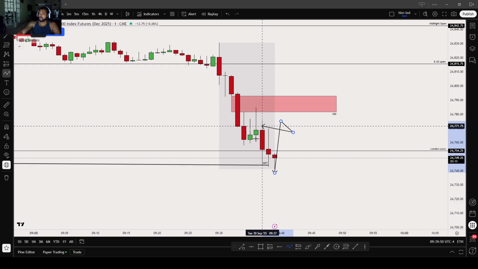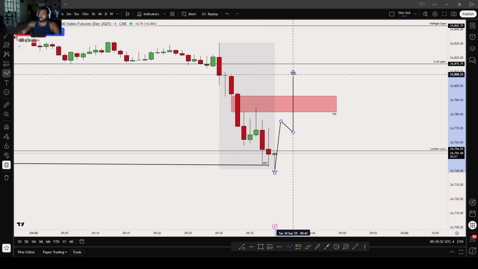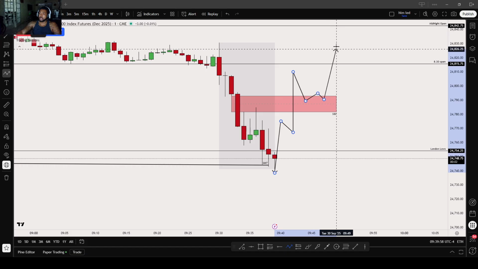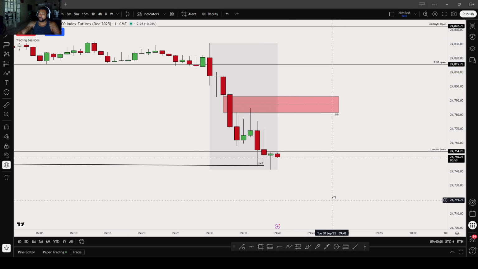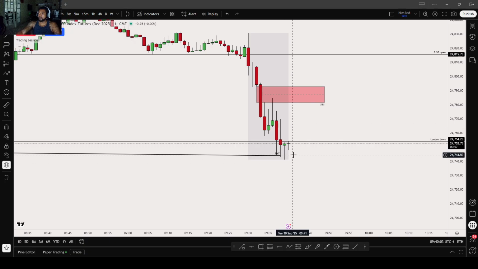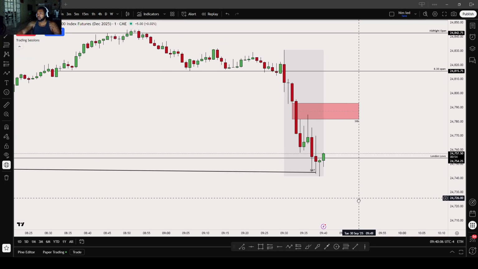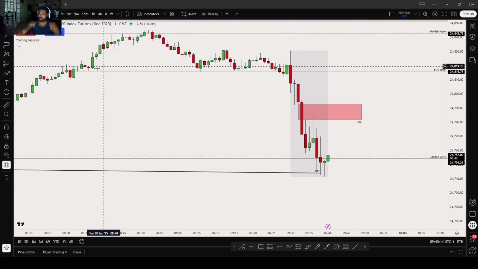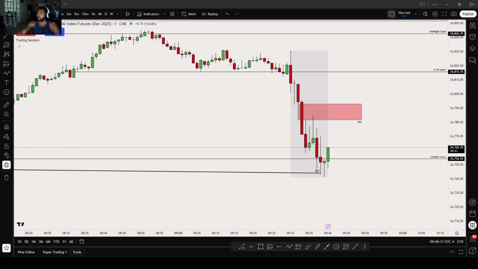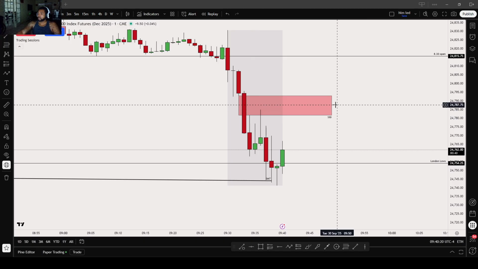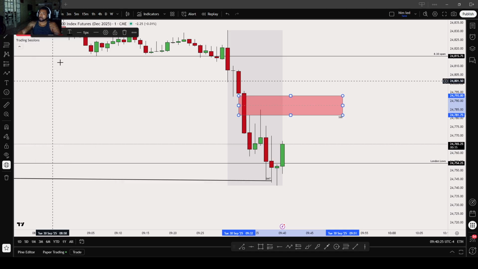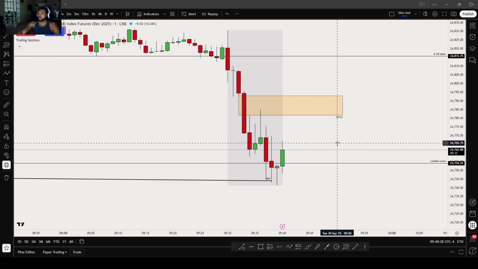So once it disrespects this right here, I want it to close outside of this to validate this as an inverse, and then to use it again as a retest to go long. So I'm looking for a lack of displacement to the downside right now. So I'm going to switch this from a SIBI to an inverse because that's what I'm expecting.